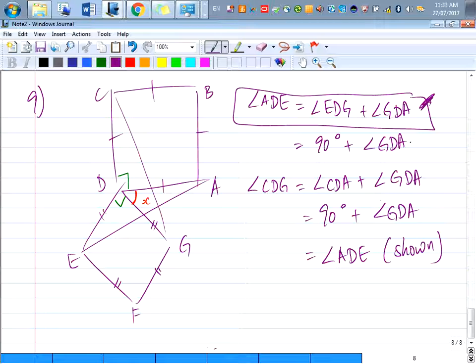We already have the angle, and it is an included angle. So all we need to do is to prove that the other two sides are the same. So we'll be using SAS for part B. Okay, so that's all for this paper.